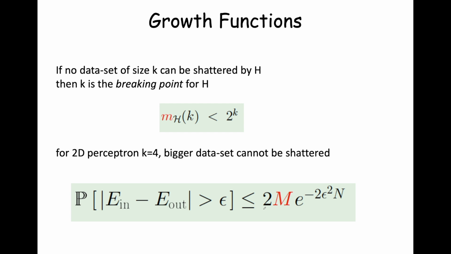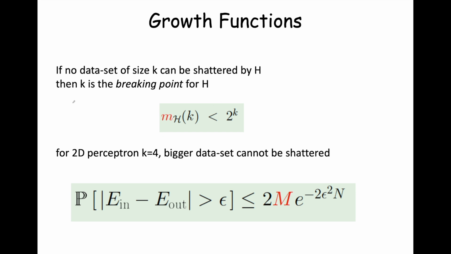If you have a hypothesis set and no data set of size k can be shattered, meaning have all 2 to the k dichotomies generated by your hypothesis set, then k is considered the break point for H. The hypothesis set can produce all 2 to the n, and all of a sudden the data set size increases to a point where your hypothesis set is no longer descriptive enough to produce all 2 to the n dichotomies.